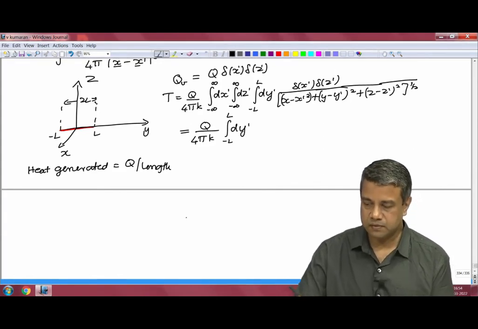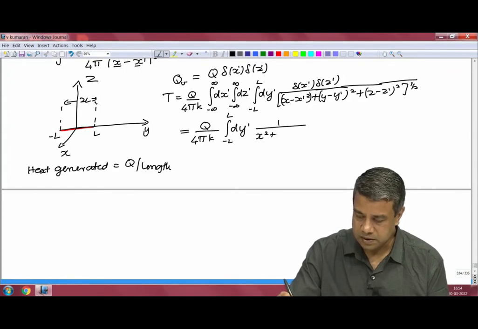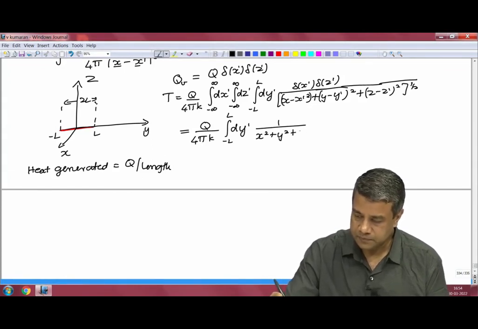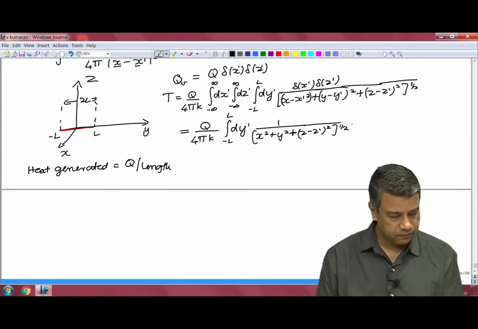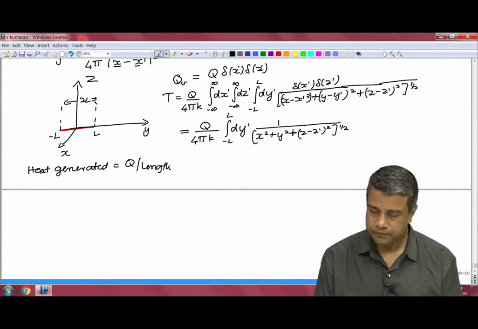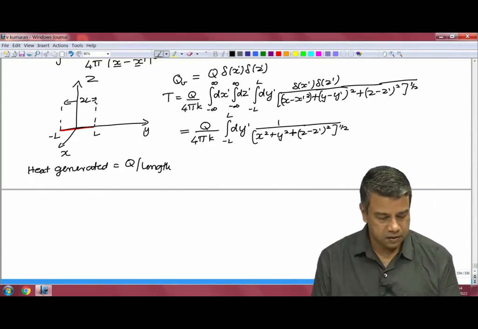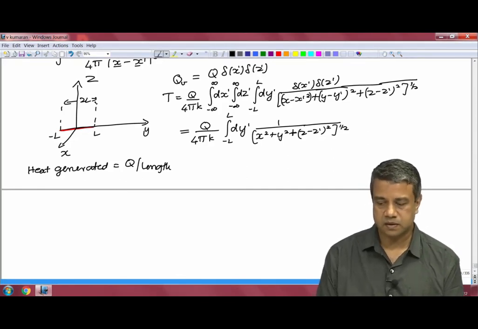And I am left with an integral over y of 1 over x square plus y square plus z minus z prime the whole square whole to the half power. And you can do this integral. I will not go through the details of how it is done. You can get it either from standard tables or you can do it by substitution.